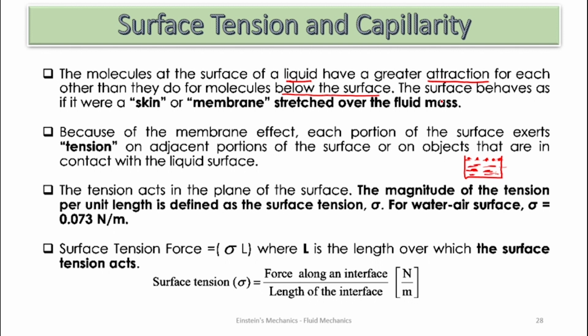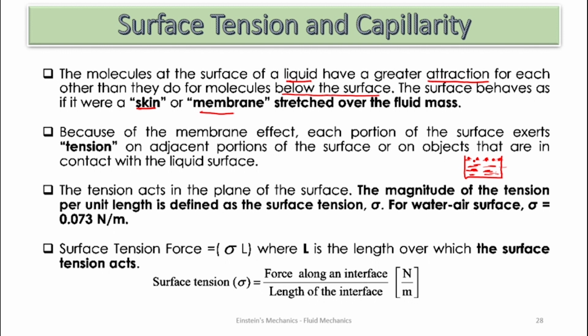Are we okay? The surface behaves as if it were a skin or a membrane stretched over the liquid mass. As they attract themselves with a greater force, they act as if they are a membrane or a skin. They are trying to form a solid layer, and that's what we mean by surface tension.